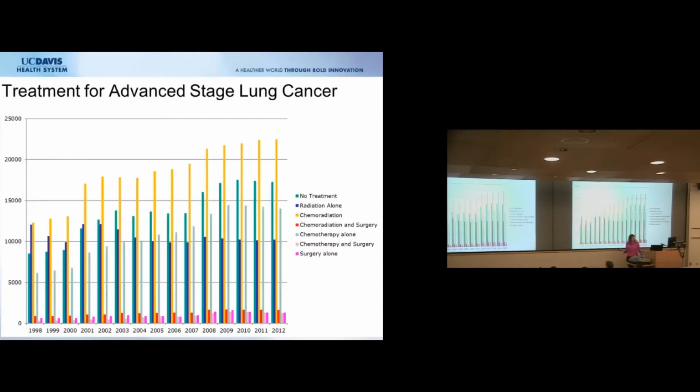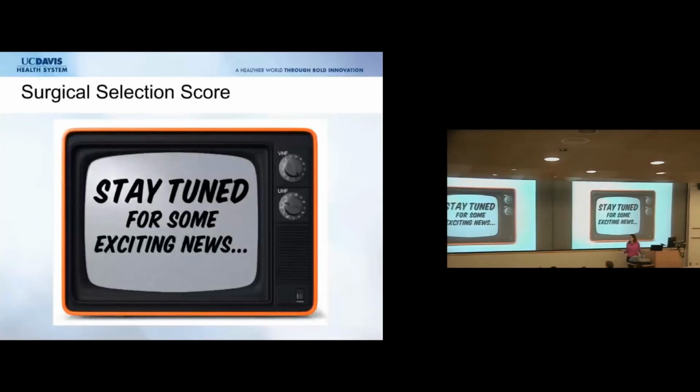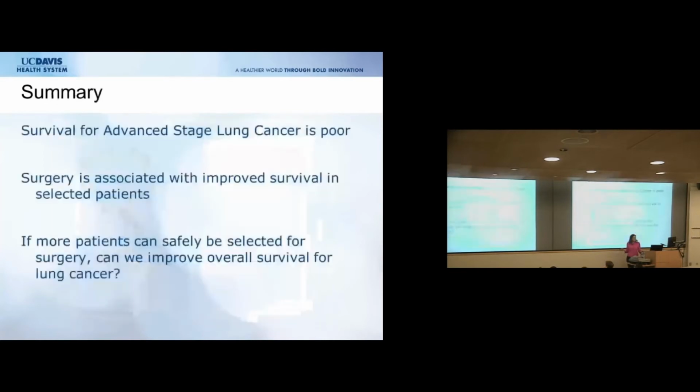So right now we are in the midst of creating the score, so you'll have to hear more about that in the future. But this is what we know. So we know that survival is poor for these patients right now. But we do know that we can see improved survival in some patients who undergo surgery and more aggressive therapy.